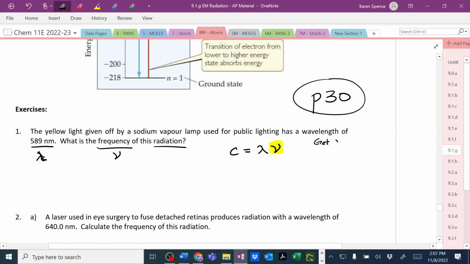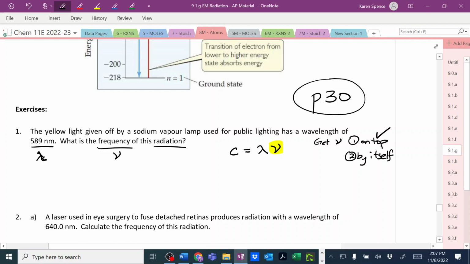This is how you solve any algebra equation where you've just got times and divide by on two sides. Nu is already on the top. It's not in a denominator. Now you want it by itself.